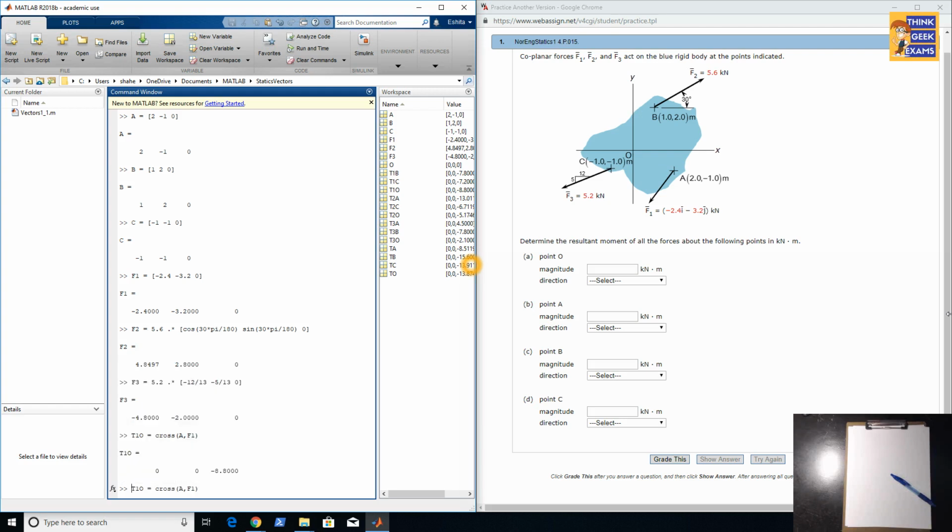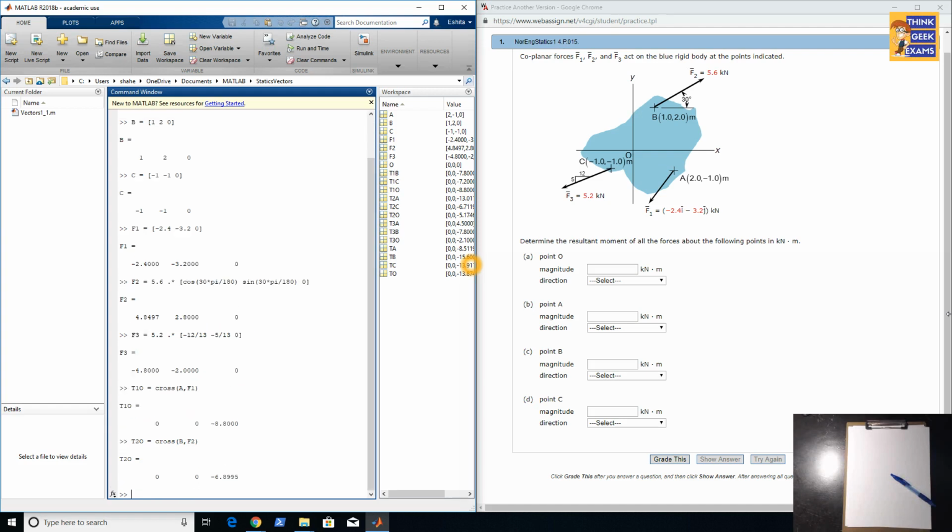We need to get F2, so this is going to be B, and this is going to be 2, and then this is going to be F3, this is going to be C, and this is going to be 3.